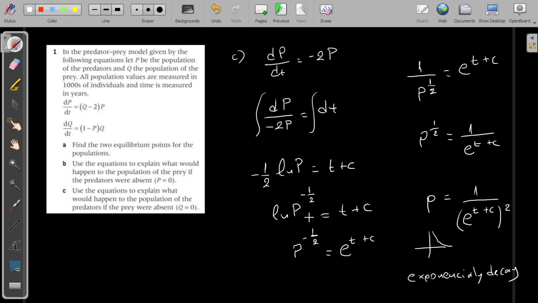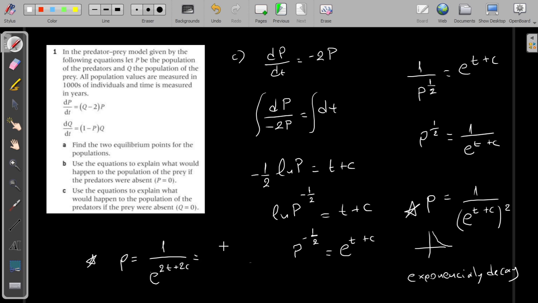We can use many methods to solve this. I used a little bit more complicated one, but you could understand this in a simpler way. P equals 1 over e^(2t plus 2c), if I make the multiplication.